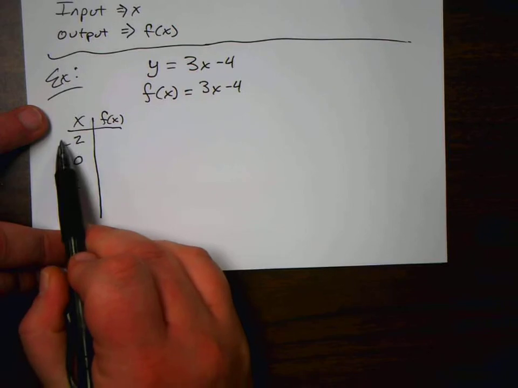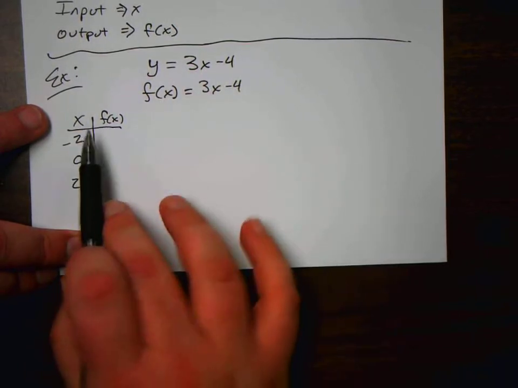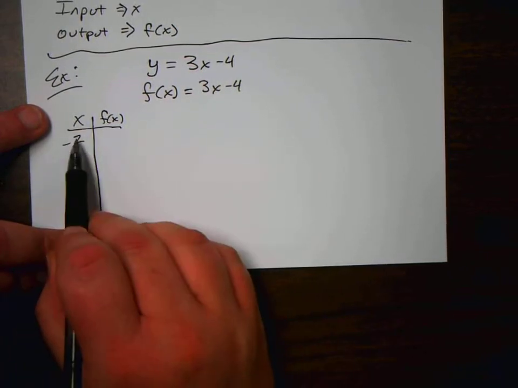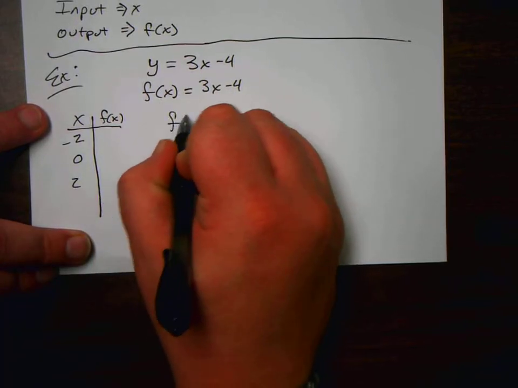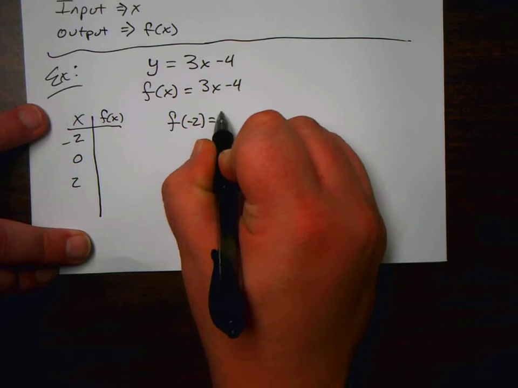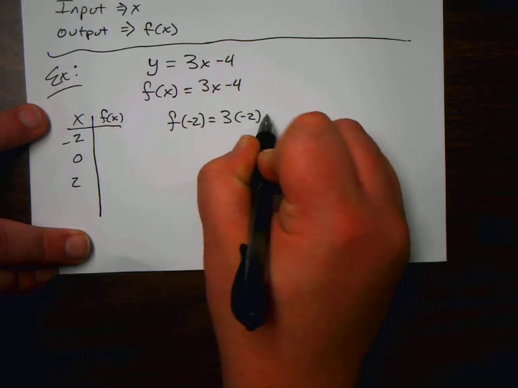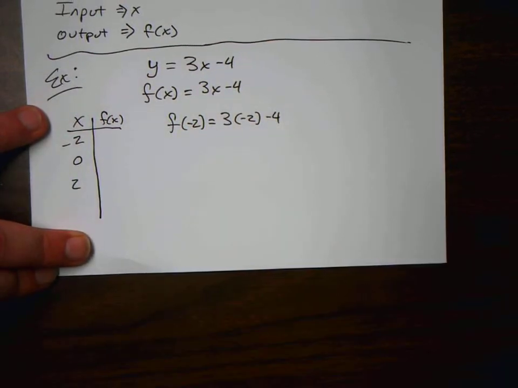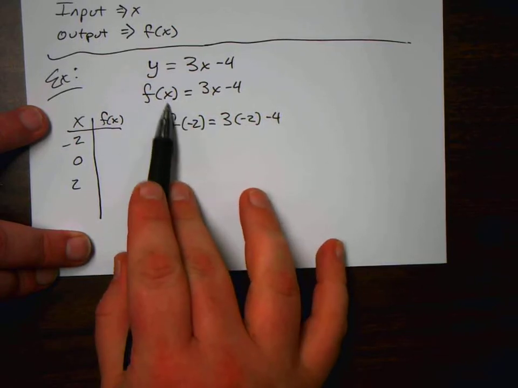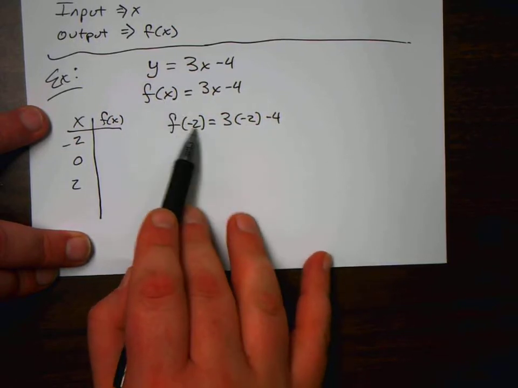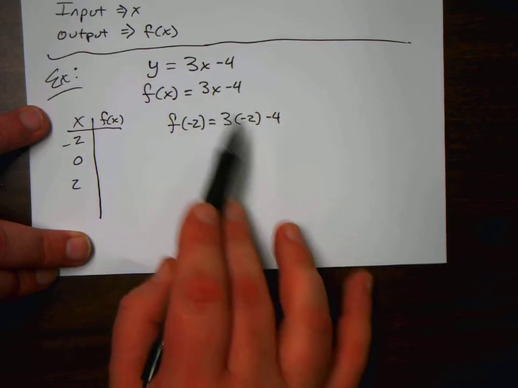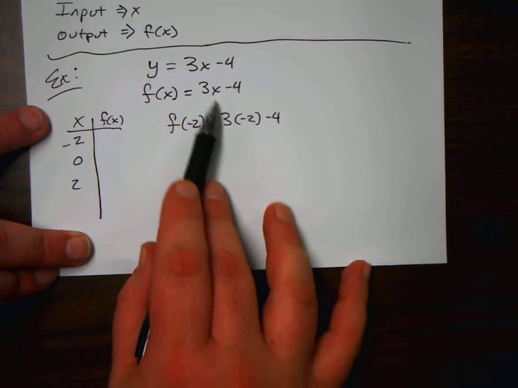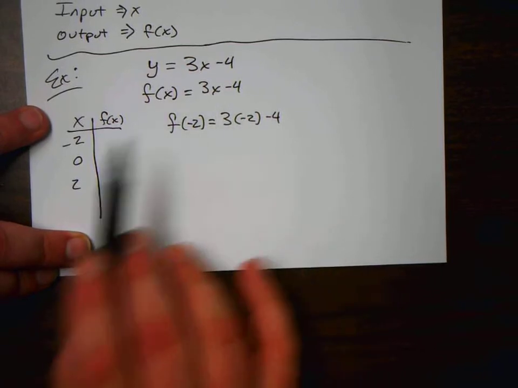So I'm going to take -2 and replace all the x's with -2. So I'm going to plug -2 into the function. That means I'm going to say f of -2 equals 3 times -2 minus 4. Notice that whatever I replace this x with, in this instance -2, I have to replace the x on the other side with -2. And notice that I put the -2 in parentheses.